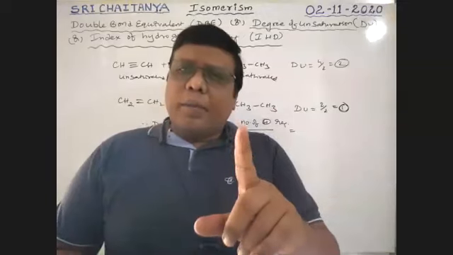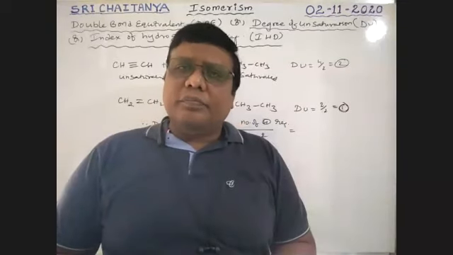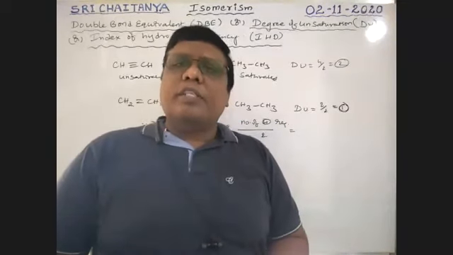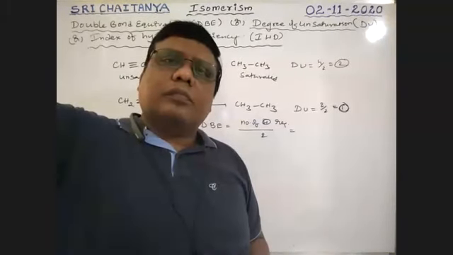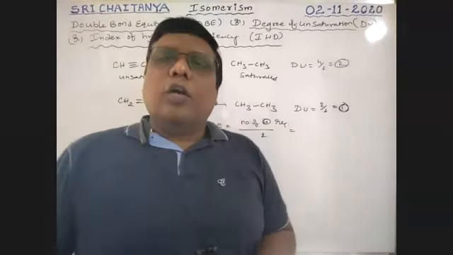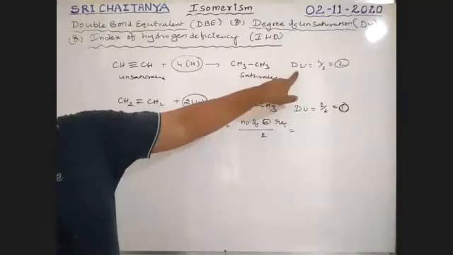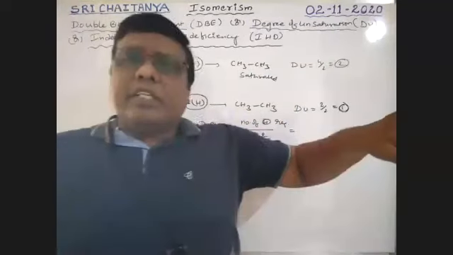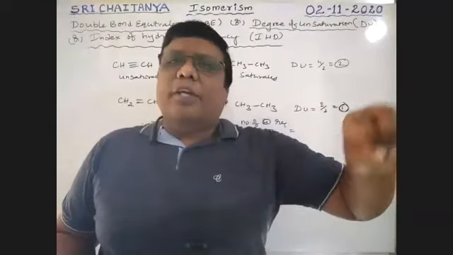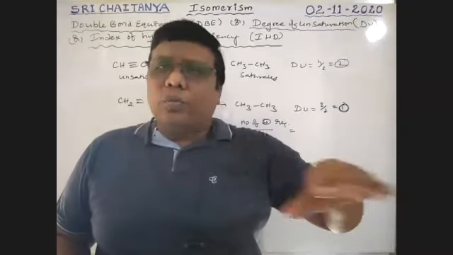Boys, 1 pi bond is equal to 1 degree of unsaturation. Degree of unsaturation means the number of hydrogens required to convert that unsaturated compound into a saturated compound, divided by 2.